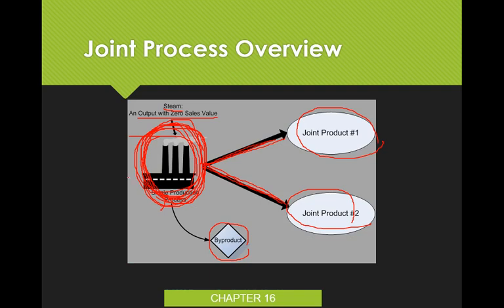If the cost of refinement is, for example, $1 million, to produce the separate components of the crude oil, we will call this $1 million joint cost, because the products share the cost of the oil refinement.